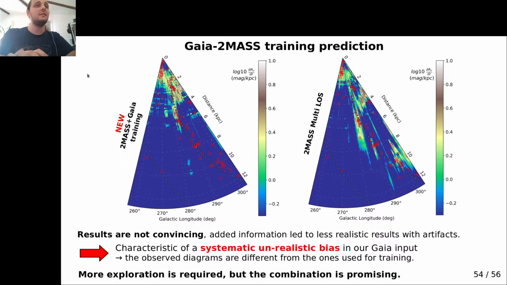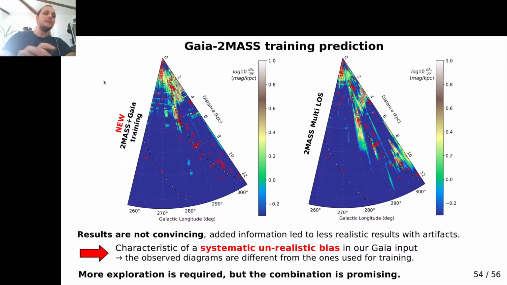The first thing is that it should not be the case because we just have added data to the network. So in the case we add white noise, for example, with 2MASS data, we are getting exactly the same prediction. So it means that the network tries to use Gaia in some way, but it degrades the prediction.